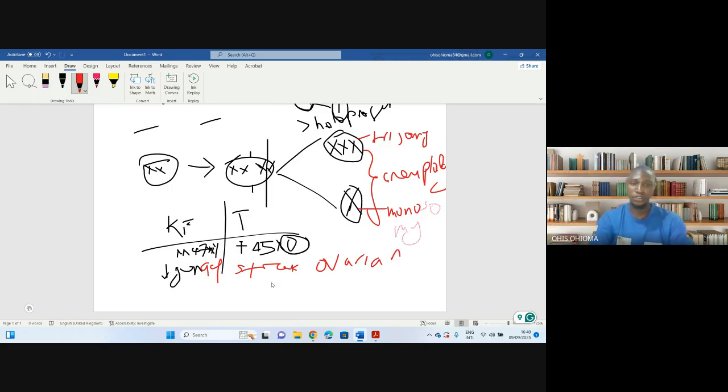And what happens here is that in this patient, testosterone is reduced. Here, estrogen is reduced.